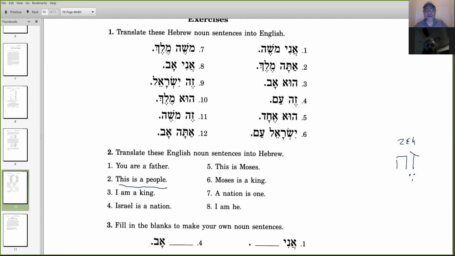And then the word for people uses a silent letter in Hebrew called the ayin. And so we have an ayin, a patach, and a mem. So this makes zeh am, this is a people. Okay, so number 3, let's look at number 3 quickly here.